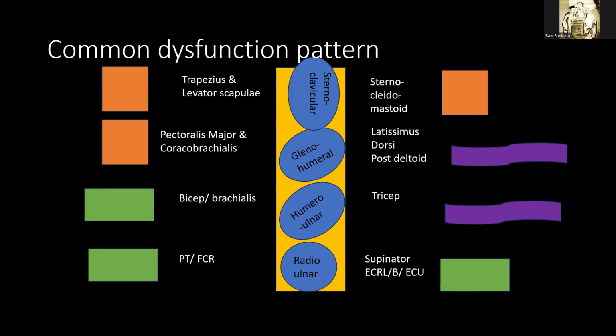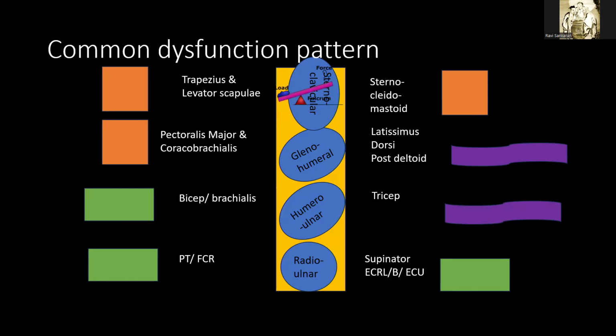The humeral ulnar joint can have a normal biceps but an overstretched triceps, what we see as little wingdings hanging off the arm when a person gets their arm up. And then the distal muscles, supinator teres, FCR, supinator, ECRLB, and ECU, they are actually going to be normal.